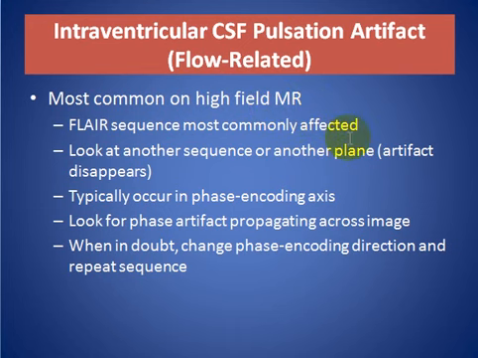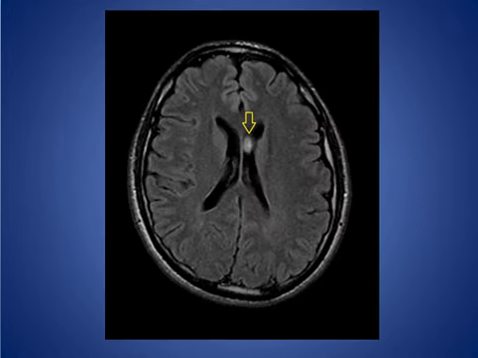FLAIR sequences are the most commonly affected, and we should look at another sequence or another plane to see if the artifact disappears. It typically occurs in the phase encoding axis. Look for phase artifact propagating across the image. When in doubt, change the phase encoding direction and repeat the sequence.